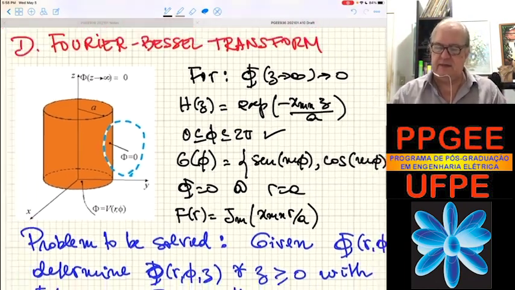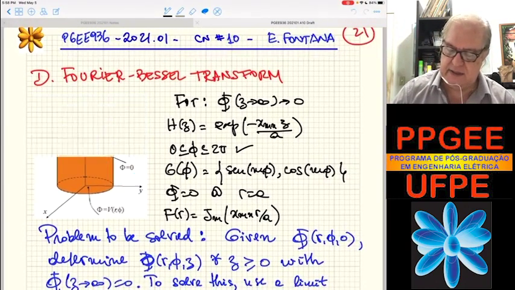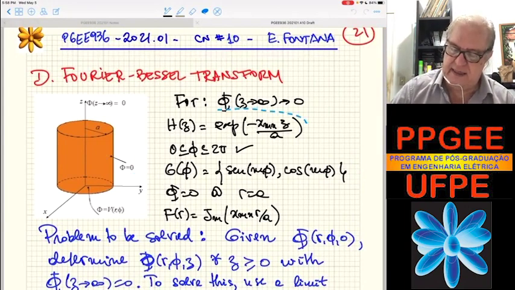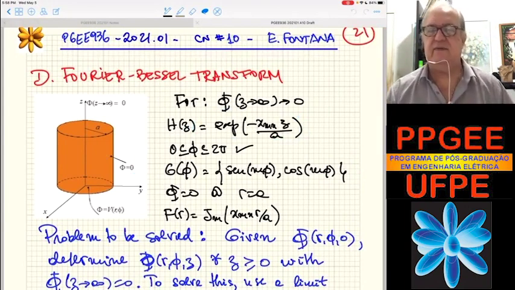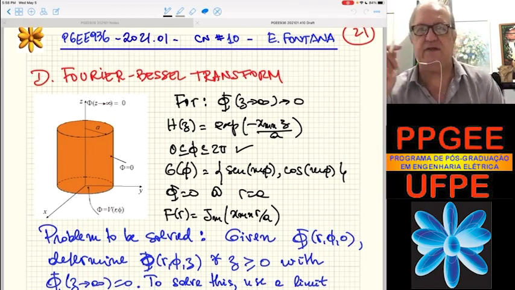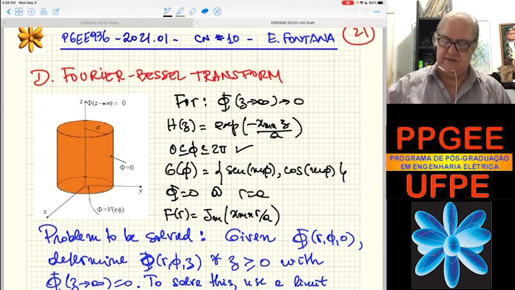So let's keep still the function at finite a, finite radius. The z dependence has to be a decreasing exponential. We're not going to use hyperbolic functions because the function has to go down as z goes very large, right?